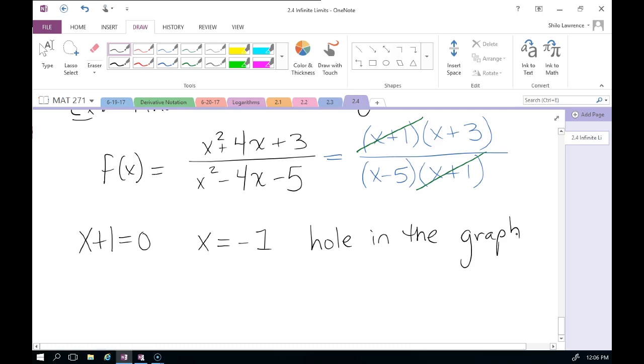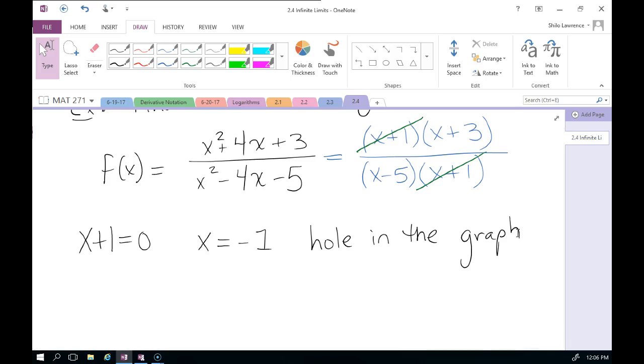That factor that we were able to remove makes a hole in the graph. And you're not able to see those on your graphing calculator. So that's why we can't be 100% dependent on our graphing calculator, because it can't do everything. The pixelated screens can't show us holes. So that's something that would not show up on the graph on your calculator.